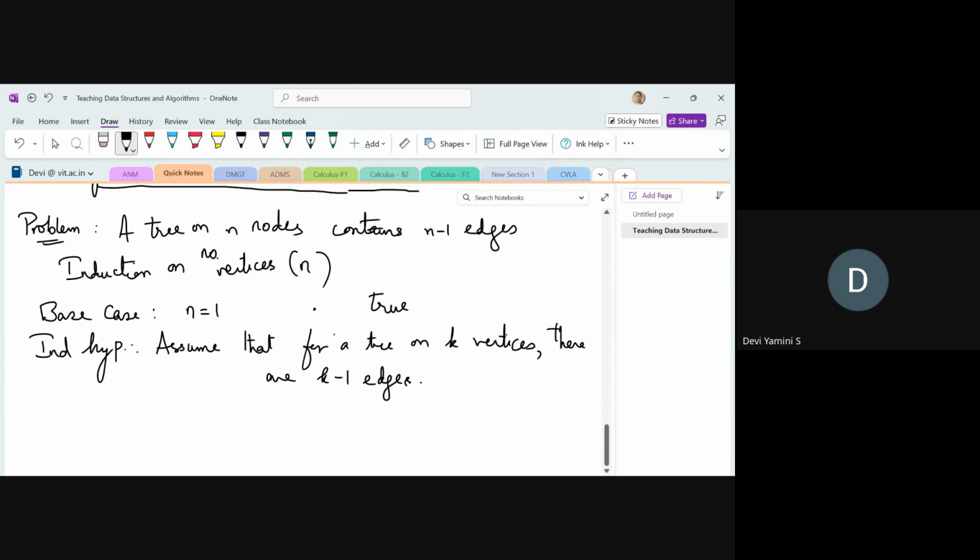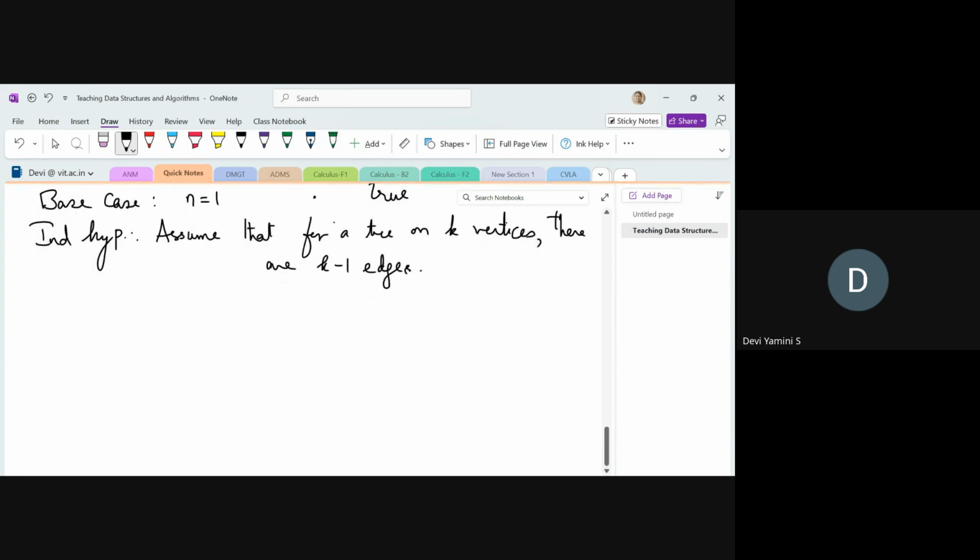So now we are going to prove, and what is k here? I'm going to assume this statement is true for all k lying between 1 and n. The induction step is going to be: I have to prove it for how many vertices? k plus 1 vertices.